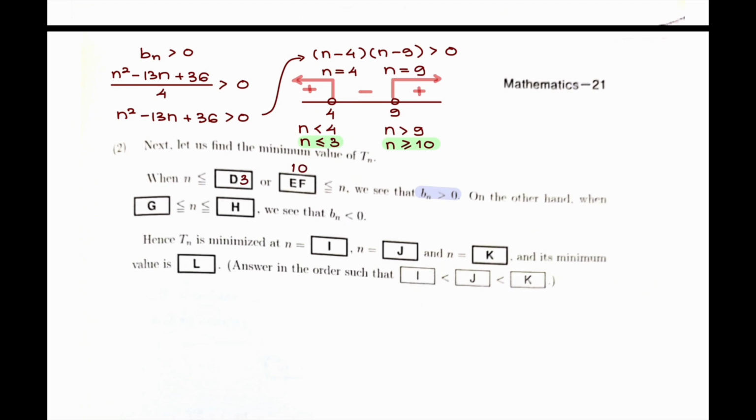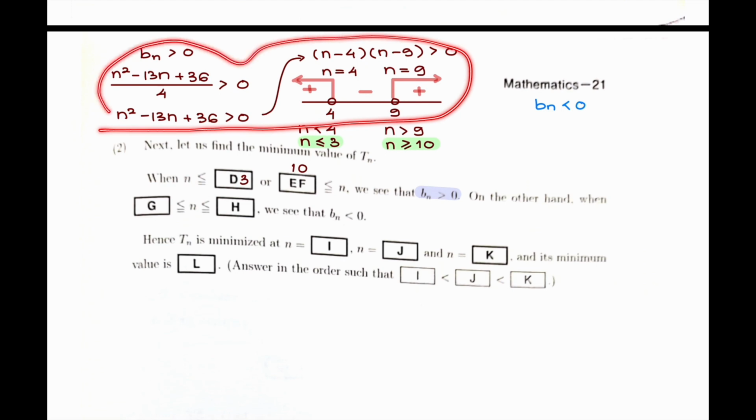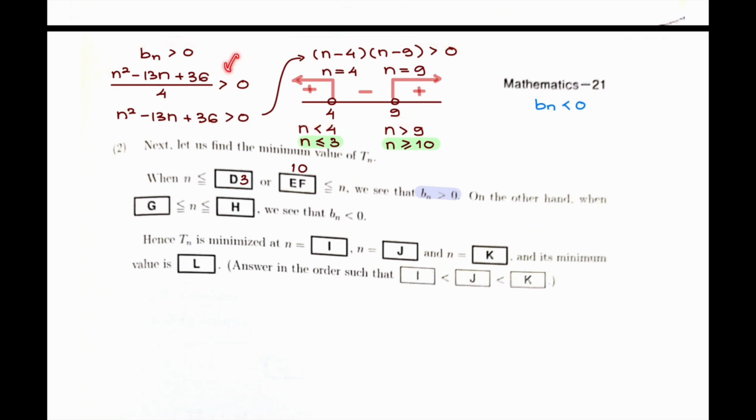On the other hand, when n is between G and H, we see that B of n is less than 0. When I want to solve B of n less than 0, the process is similar to the previous one, except the inequality here is less than.